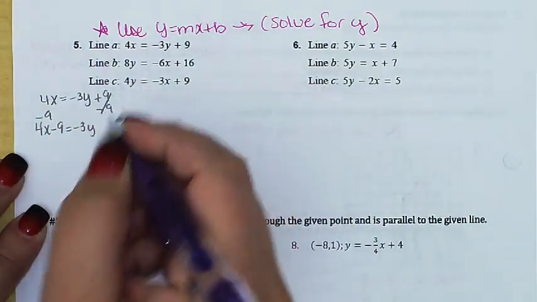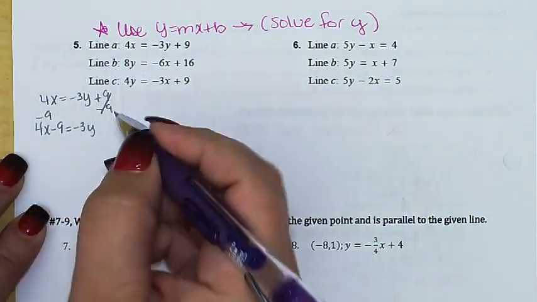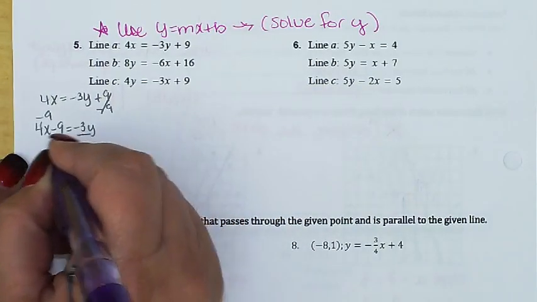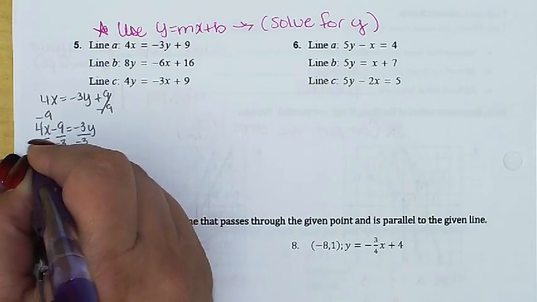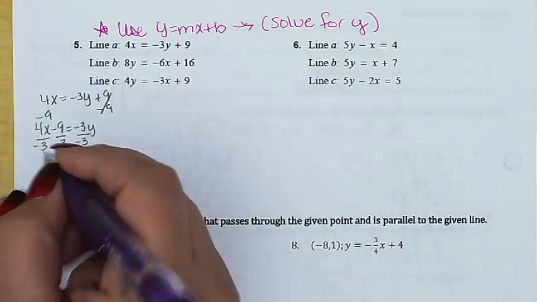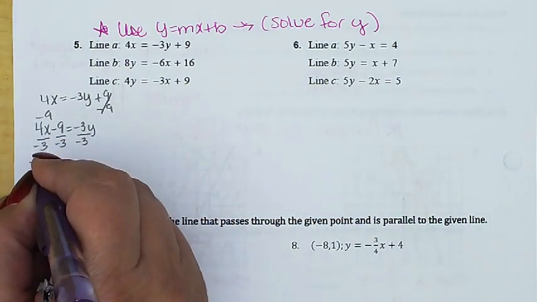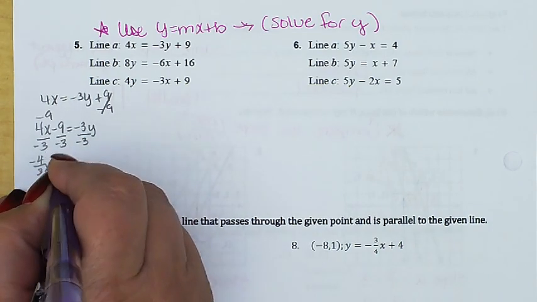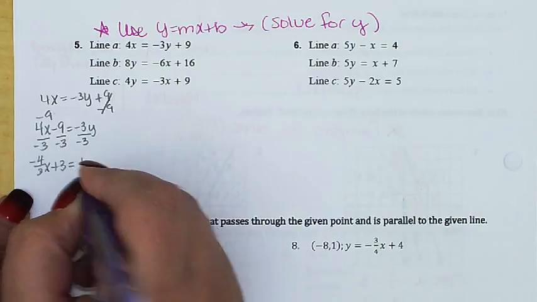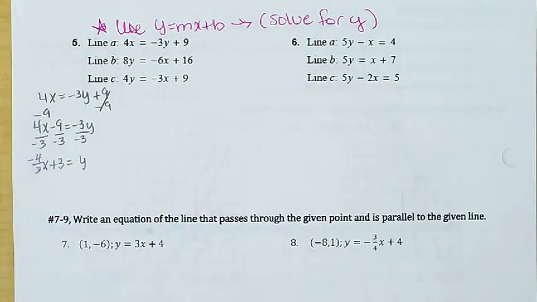And then the other thing I need to do is get rid of that coefficient in front of the y. So I'll divide everything by a negative 3. Everybody. Okay? And so that gives us a negative 4/3 x, plus 3, and then just the y value by itself on the other side.